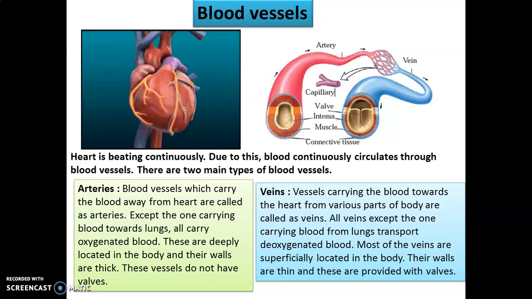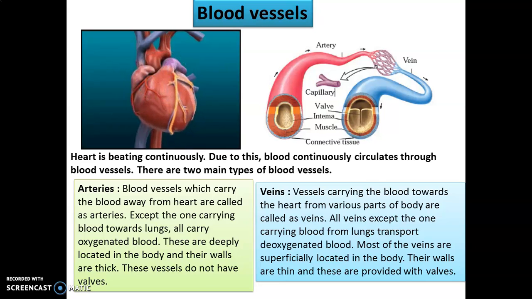Veins carry deoxygenated blood from various parts of the body to the heart. So please remember this, to and from. Arteries carry blood from the heart to the body, and veins carry blood from the body to the heart.